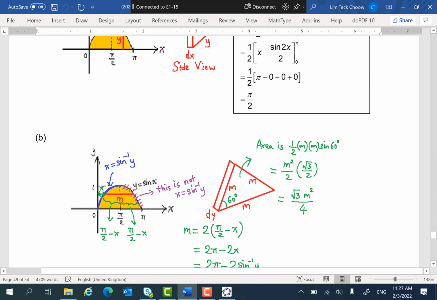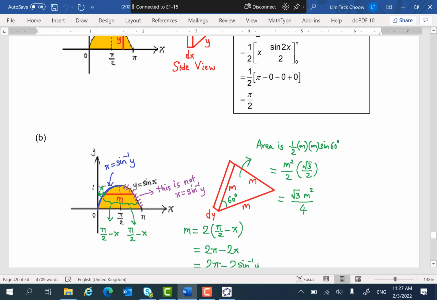And then for the area of a triangle, we all know, the whole world knows, the area of a triangle is half AB sine theta. Because it is an equilateral triangle, the angle theta is always 60 degrees.